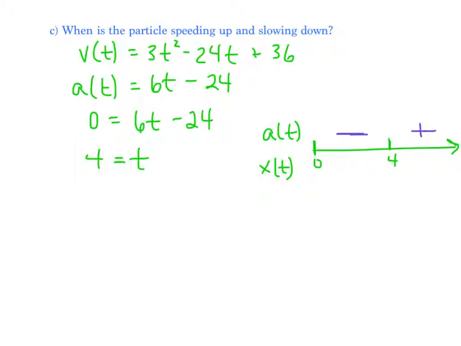Now what I want to do is grab that velocity sign chart that I had from earlier, and line it up right underneath this one. Here's my 0, but the velocity one had critical values of 2 and 6, and if I remember correctly, it was positive, negative, positive, because this was to the right, to the left, and to the right.